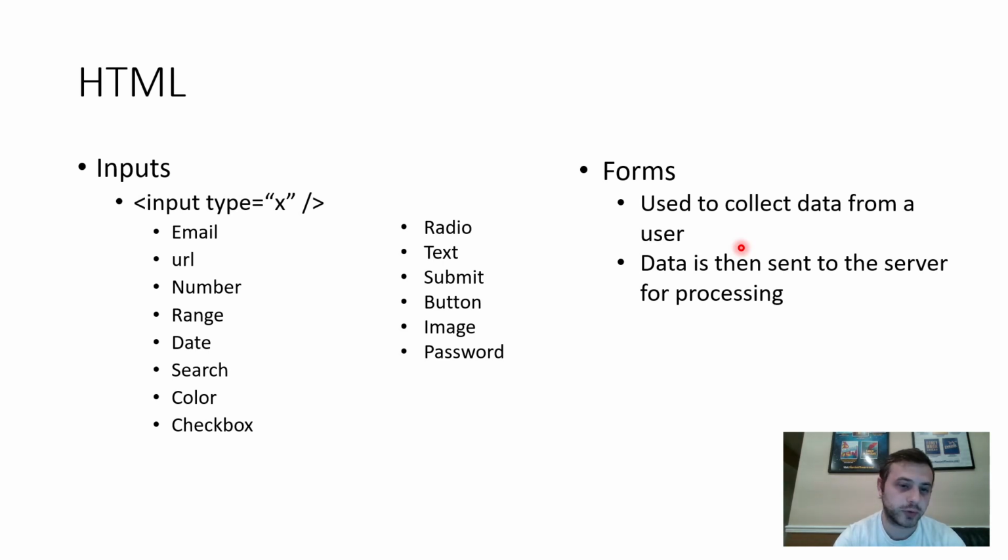And then you would create a text box that says name, another input with an email type for email, and then you could have the user even change the password.